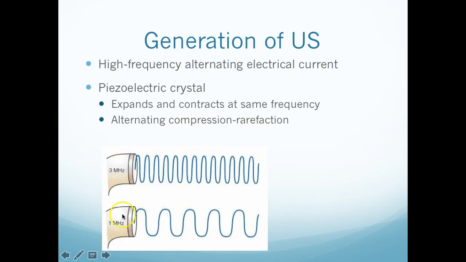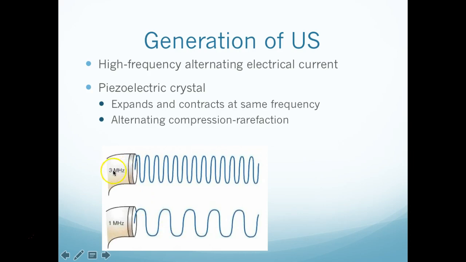So this is just demonstrating how that's going to look when you're using a 1 megahertz versus a 3 megahertz. So with the 1 megahertz, I always like to compare these for you so you know which is deeper and which is more superficial. I think it was when I was in PT school, the example they used was, if you have one relationship, you're a little bit more serious, you're a little bit more deep, and so then you realize that that 1 megahertz is going deeper into the tissue.